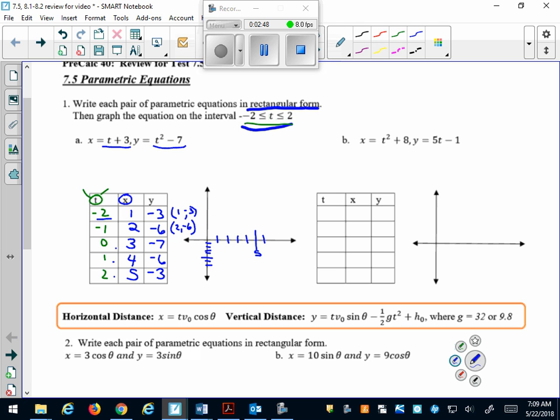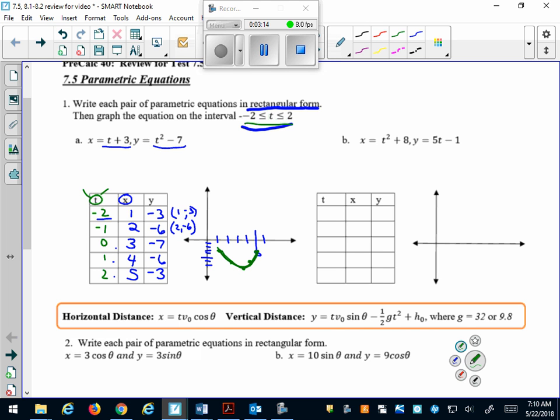Okay, so I'm going to graph the point 1, -3, and 2, -6, and 3, -7, and 4, -6, and 5, -3. And this is what part of your parabola looks like here.